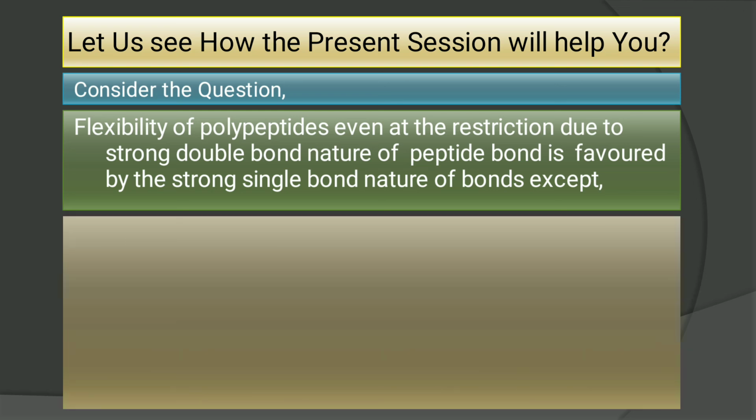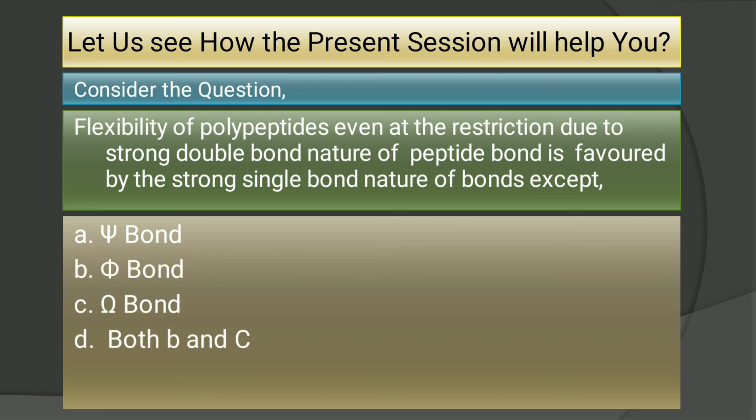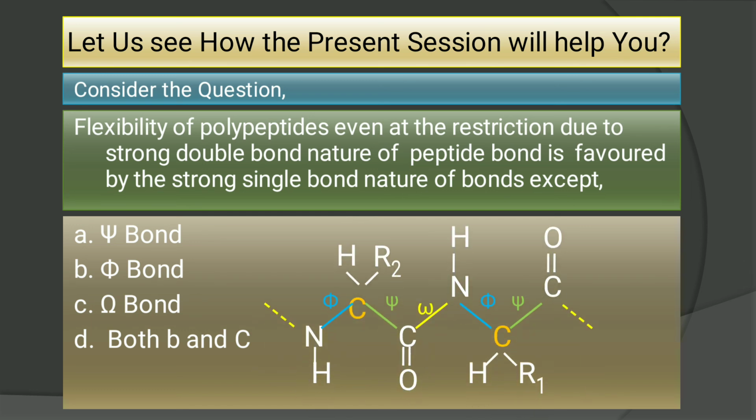The options given are A, psi bond; B, phi bond; C, omega bond; and D, both B and C. We know from the previous slide that the answer is the omega bond.